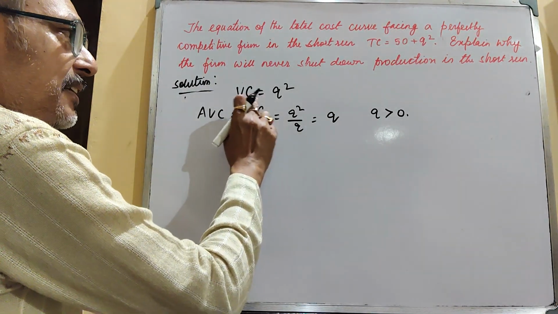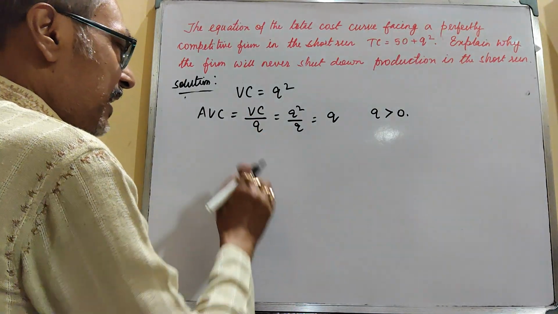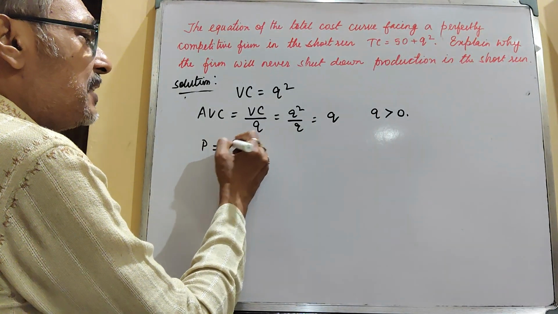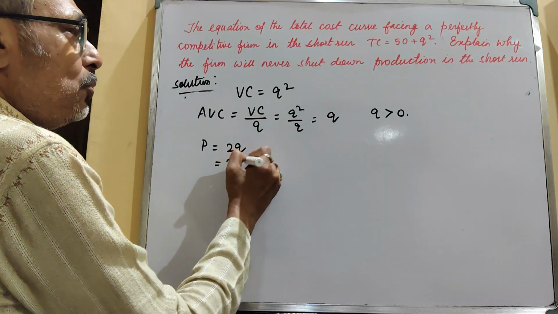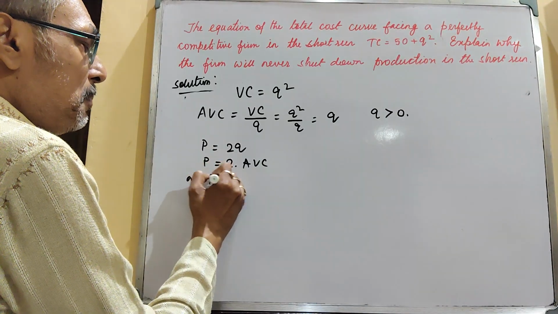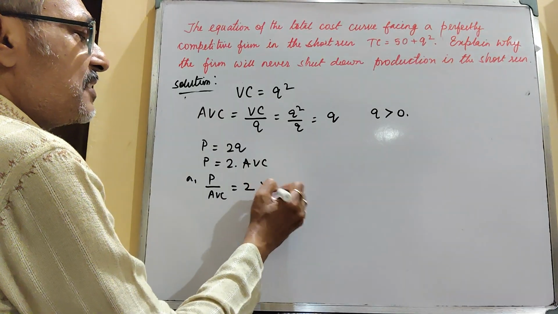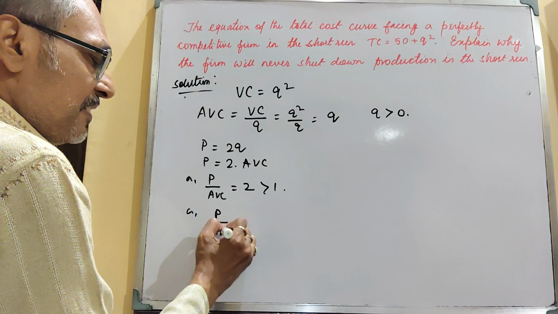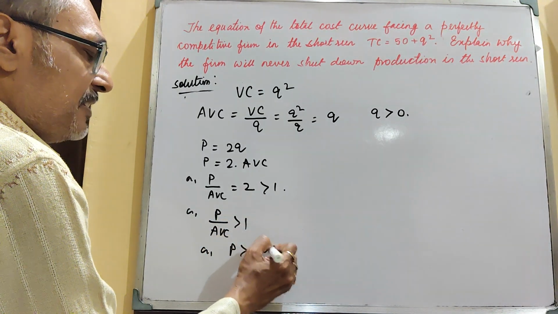If we divide something by 0, that becomes undefined. Therefore, AVC is Q. Now P equals 2Q, that is, P equals 2 times AVC. Or P by AVC equals 2, which is greater than 1, or P is greater than AVC.